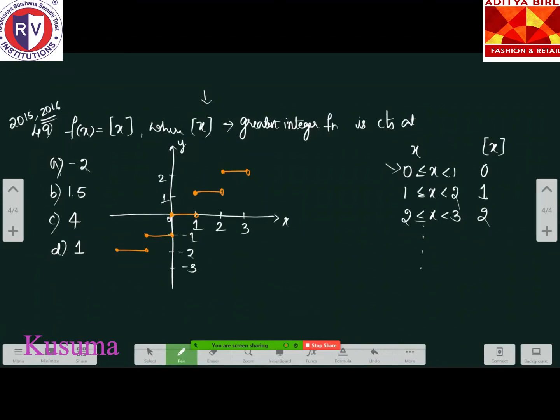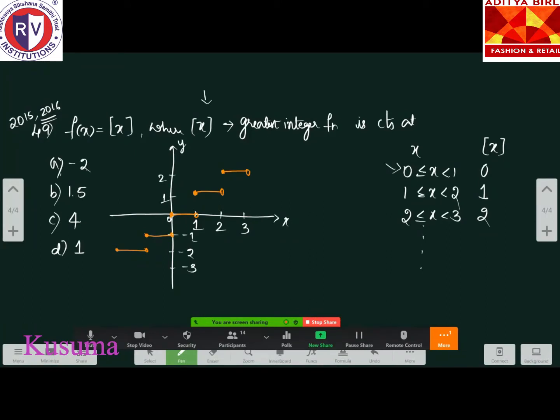It is clearly visible in the graph. Where is this function discontinuous? The graph jumps. At the end points, right?